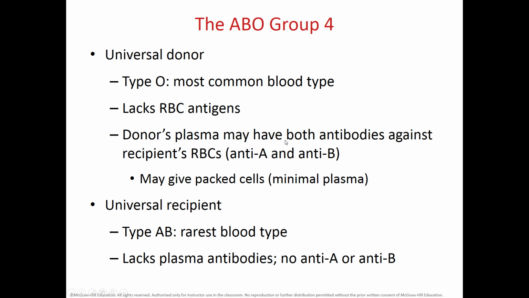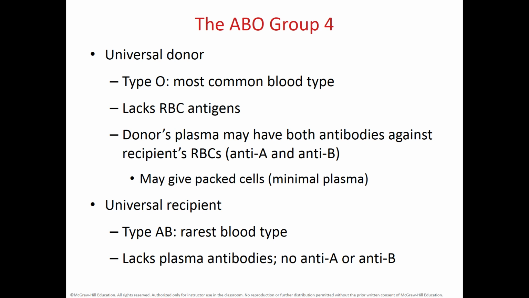So it can donate to A, B, AB, and specifically the universal donor will be O negative, not O positive. It's O negative, the universal donor, because it won't have the antigen or Rh factor.